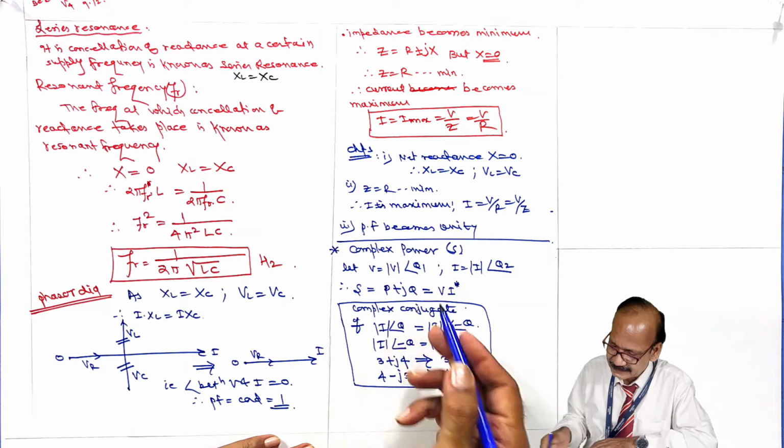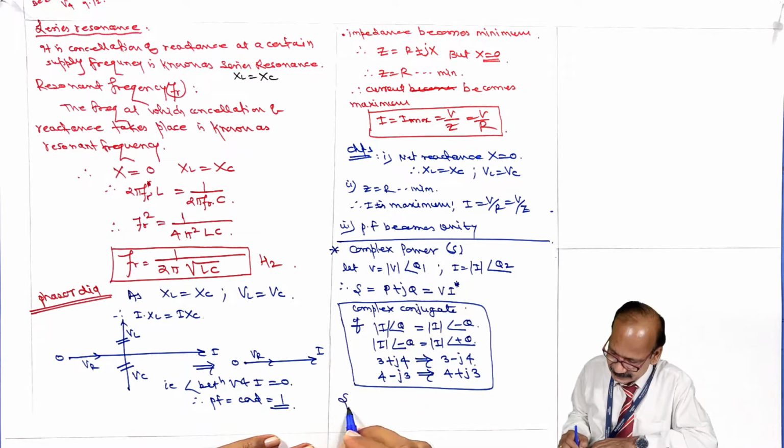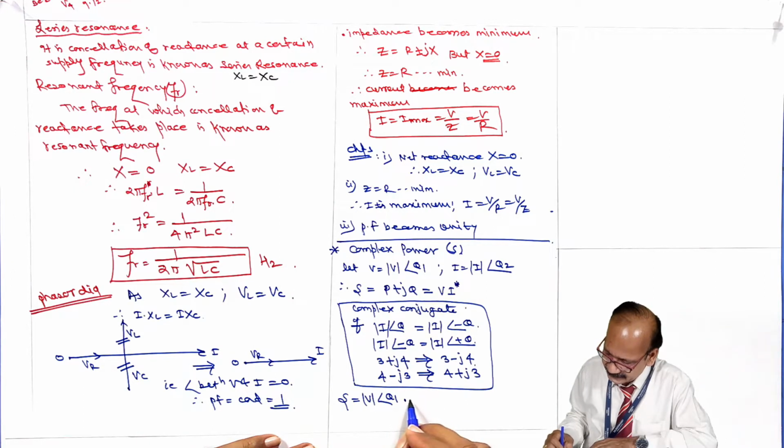So we have to write the expression. So S equal to V is V angle theta 1 into complex conjugate of I, which is nothing but I angle minus theta 2. So this will be V mod I mod angle of theta 1 minus theta 2.